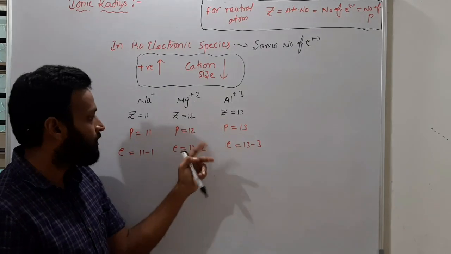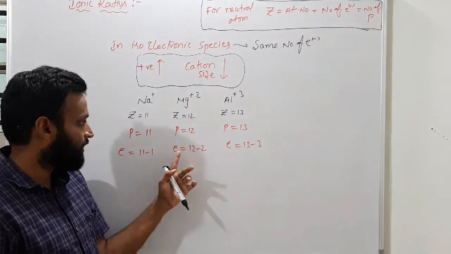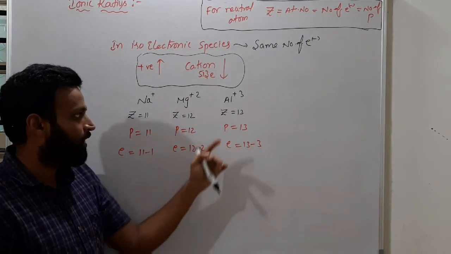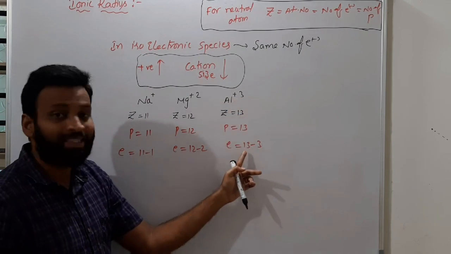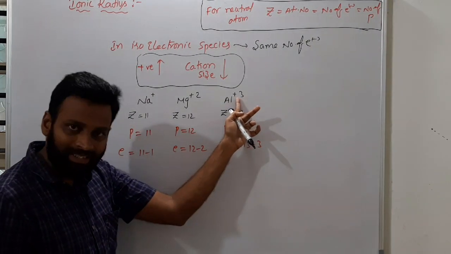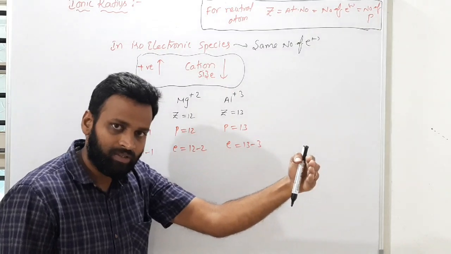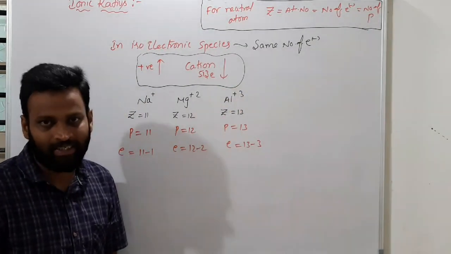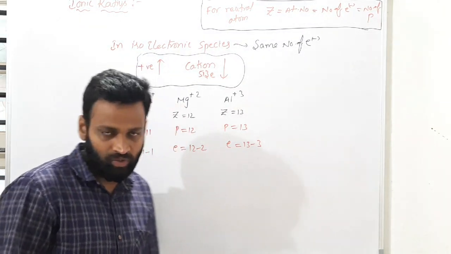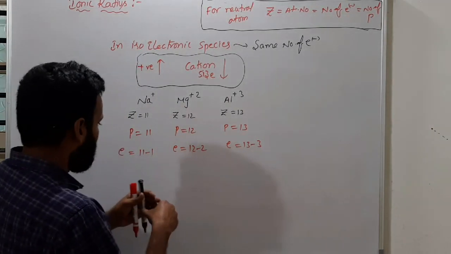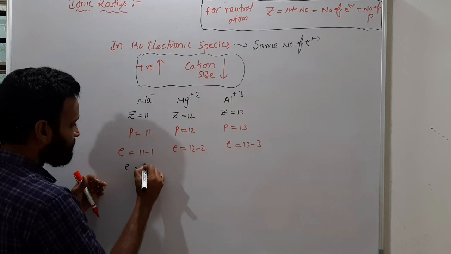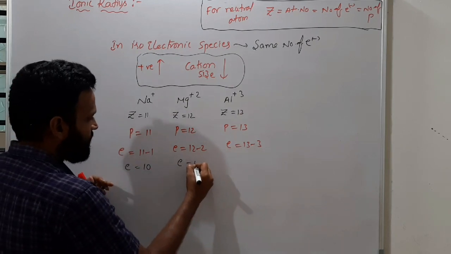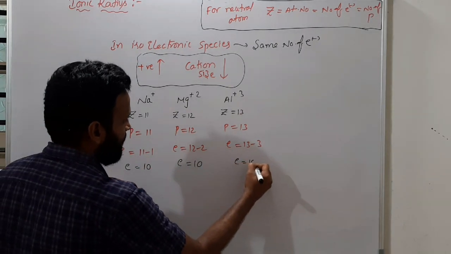So here electrons 12 minus 2. Here aluminum has 13 electrons, it has plus 3 charge, meaning it lost 3 electrons, because Al3+ was represented. So 13 minus 3. Therefore electrons how many? Here 10, here 10, here 10.